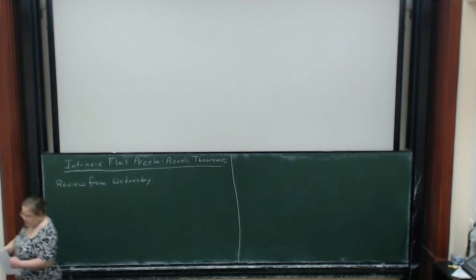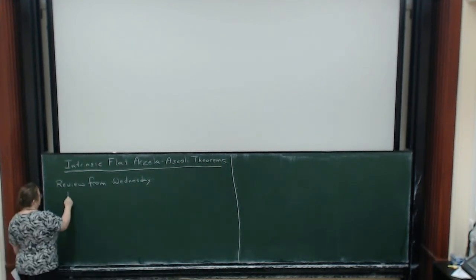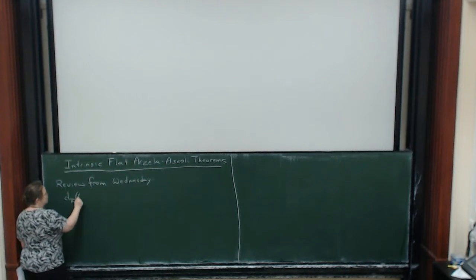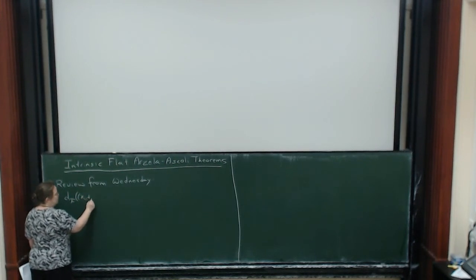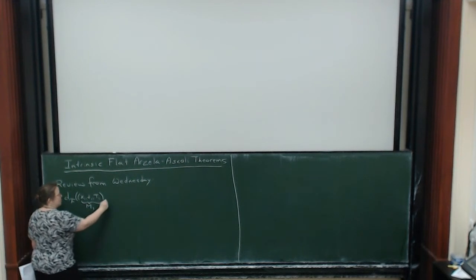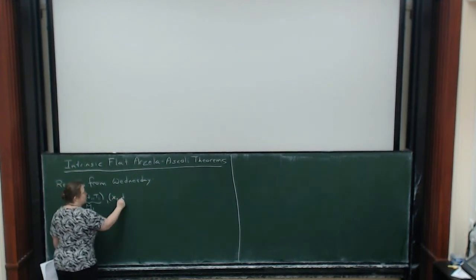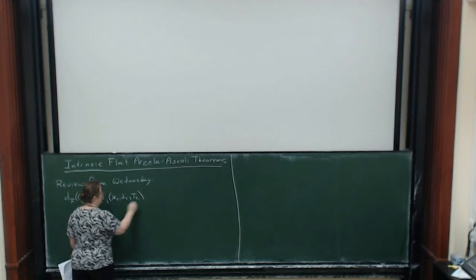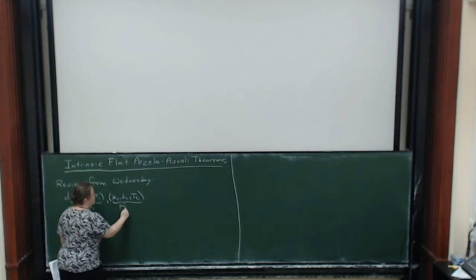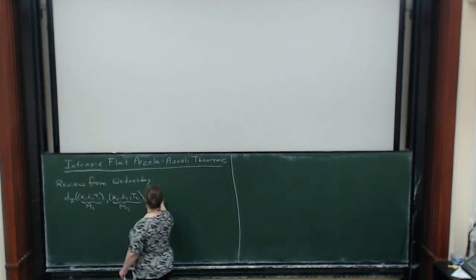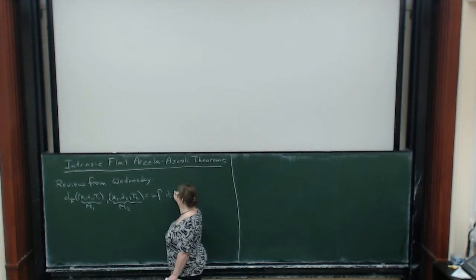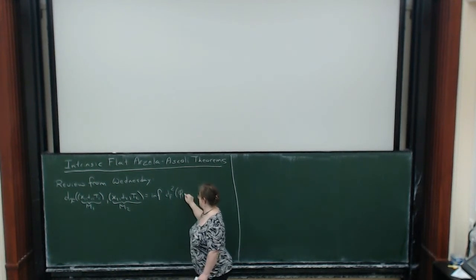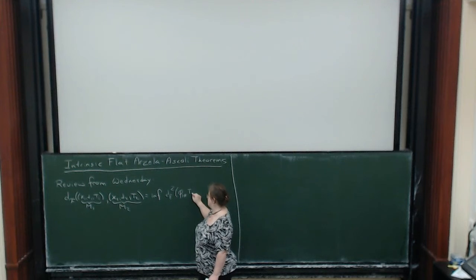So we talked already about how the intrinsic flat distance between two spaces, if I call this one M1 and this one M2, was an infimum of the flat distances inside Z's of the images of the currents.